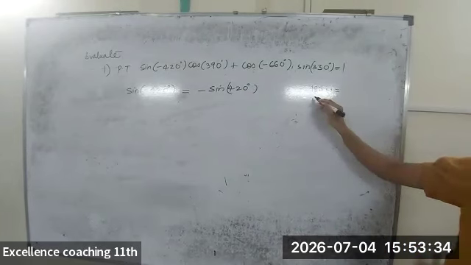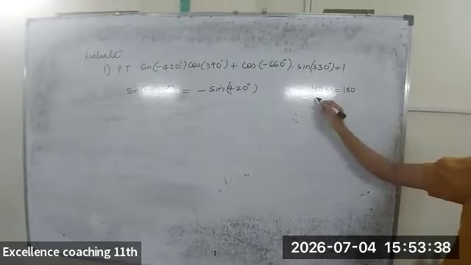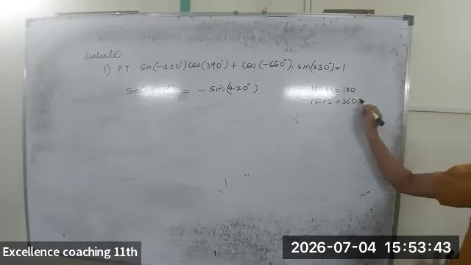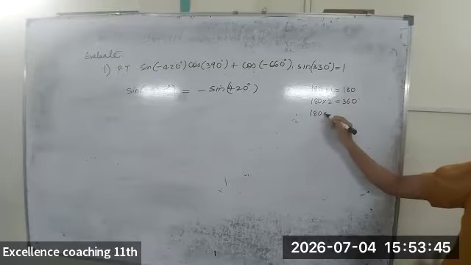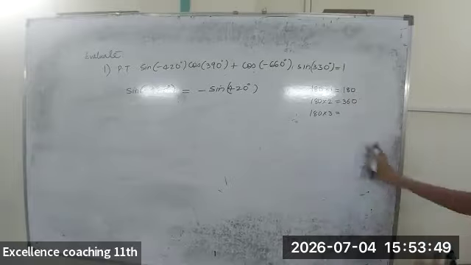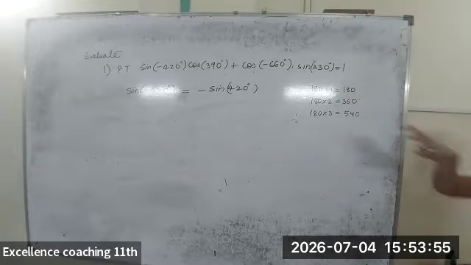This is an easier method. So 180 you know. Then 180 into 2 is 360. Into 3 will be what? 540. So this you check.